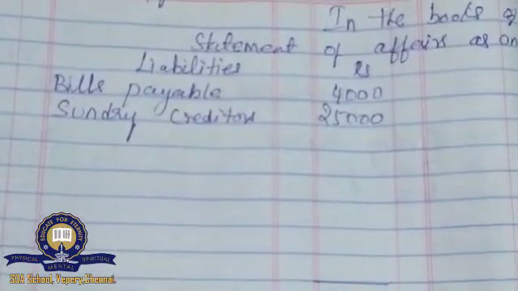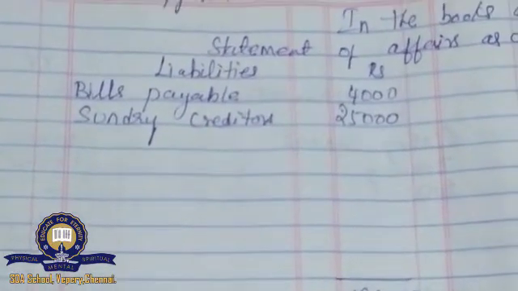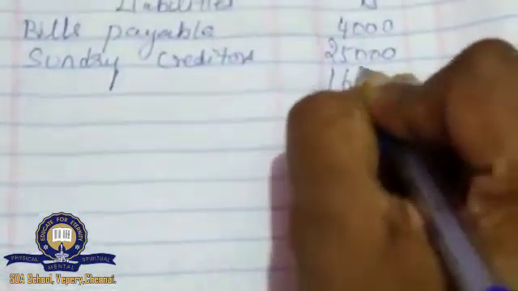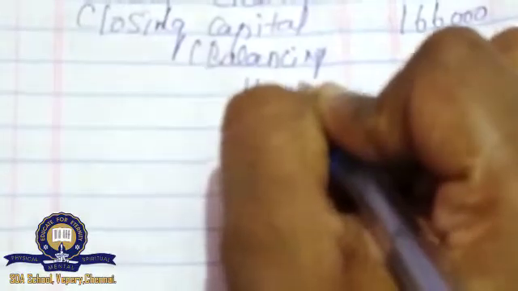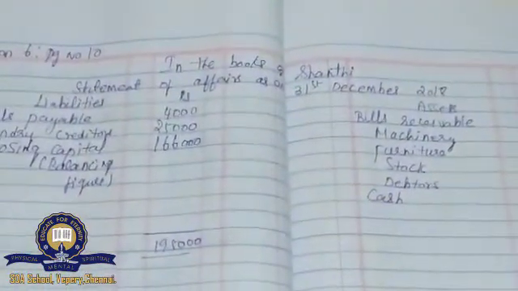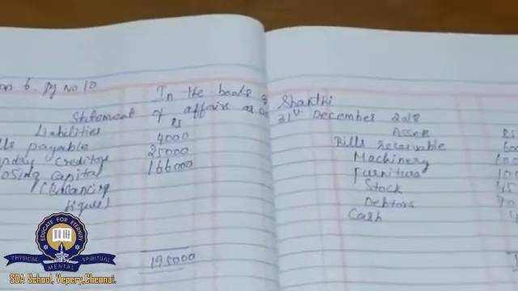So 1,95,000 minus 29,000, you will be getting 1,66,000. So that is your closing capital. That is the balancing figure. So this is how we are going to find out the statement of affairs.